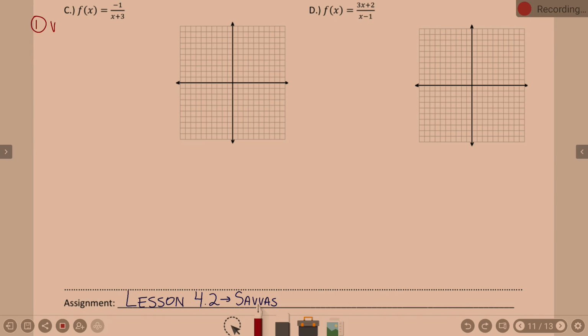I tend to start with vertical asymptote. You start wherever you want, but how do I find my vertical asymptote? Okay, denominator equal to 0, so x plus 3 equals 0, so I have a vertical asymptote at x equals negative 3. Vertical line, yes, vertical asymptote, so go to negative 3 and draw it.